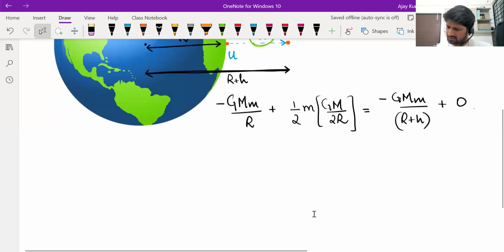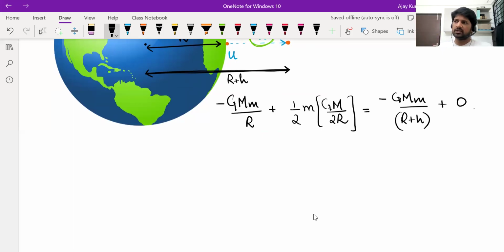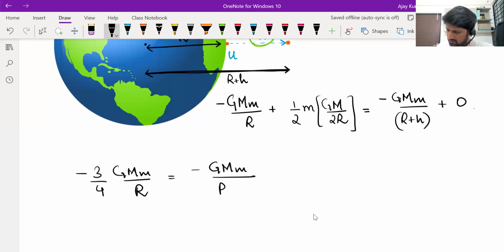What is left is just simplification of this equation. On the left hand side, you have minus GMm by r plus 1/4 of GMm by r. Minus 1 plus 1 by 4 is minus 3 by 4. So the left hand side becomes minus 3 by 4 GMm by r. And the right hand side is minus GMm by r plus h.